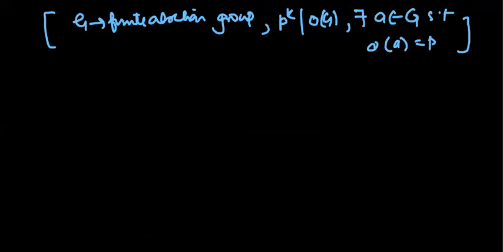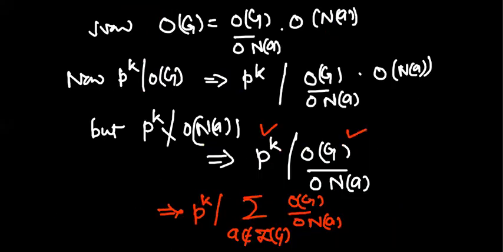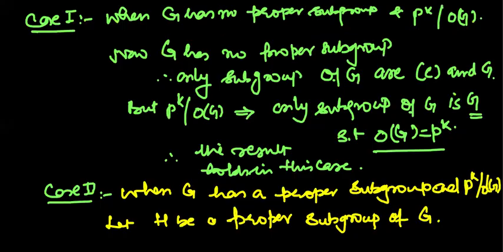So let H be the group generated by b. Then this is a cyclic group, and b belongs to Z(G). So in the beginning we talked about a result.